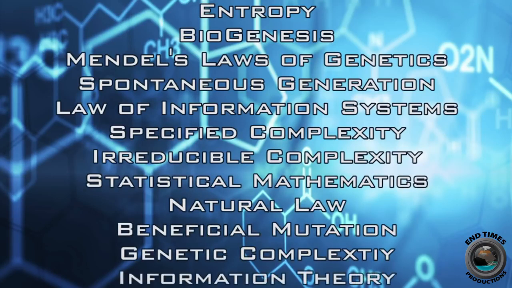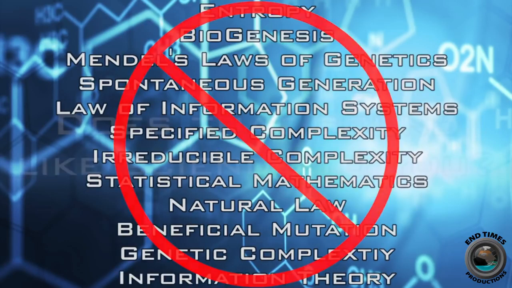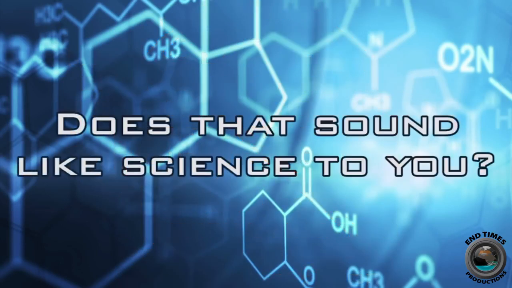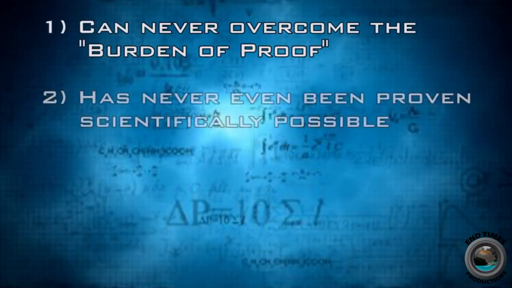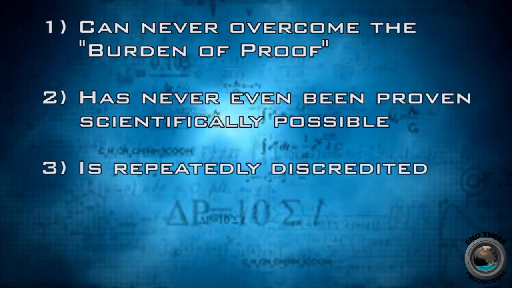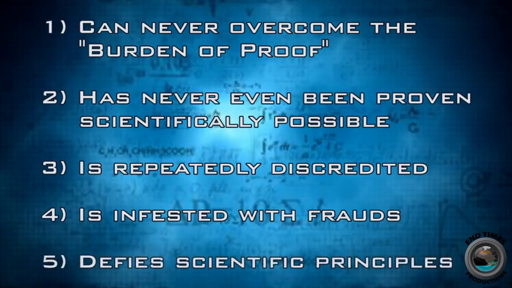Now folks, I must ask, how on earth can evolution be classified or considered a scientific fact when even at a fundamental level, even if proven possible, does not prove that it actually happened, has never actually even been proven possible scientifically, has been repeatedly discredited through fossil findings and recent research, hangs the majority of its most significant pieces of evidence on proven hoaxes, and defies numerous well-established scientific principles.